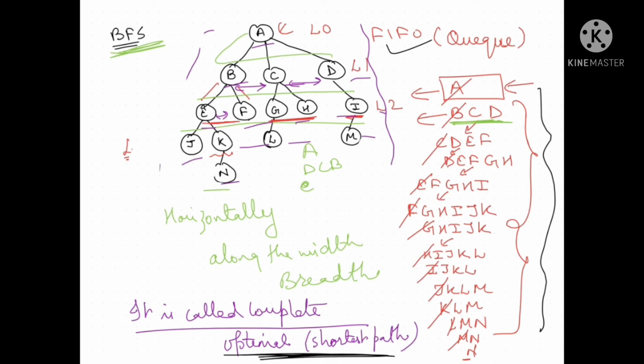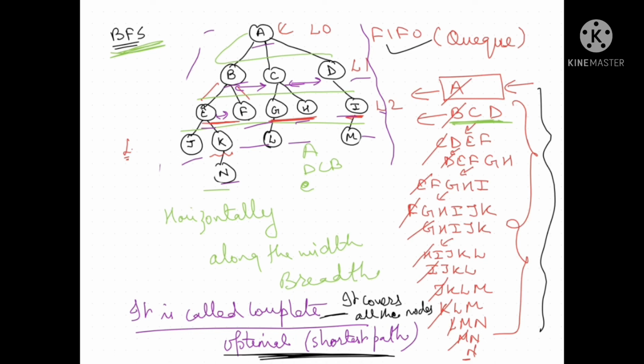It is called a complete process because it covers all the nodes, like nothing is left behind. Plus, we can also say it goes to the shallowest node.